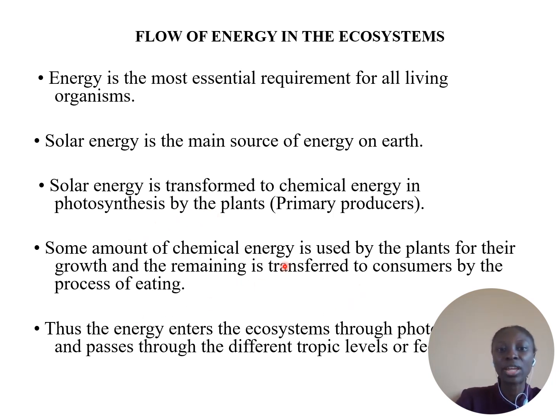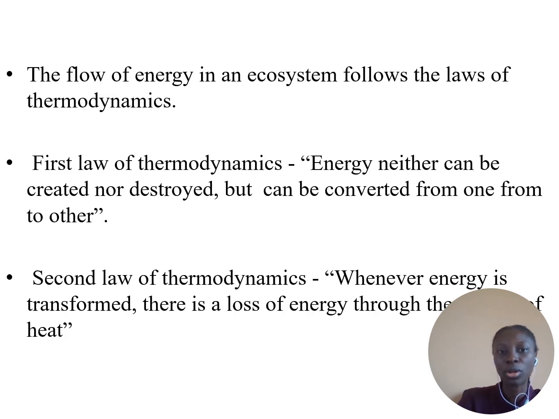The chemical energy used by plants is then transferred to other organisms once they feed on plants. And energy enters, like I said earlier, through the process of photosynthesis, which takes place on the first trophic level and moves on to other trophic levels.